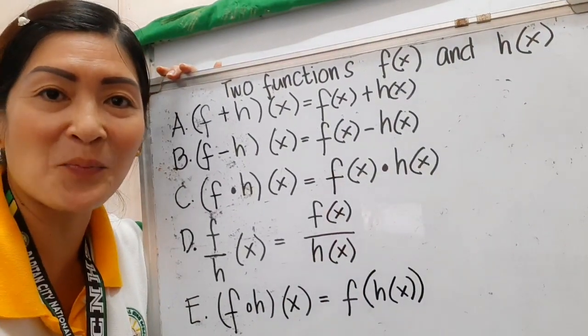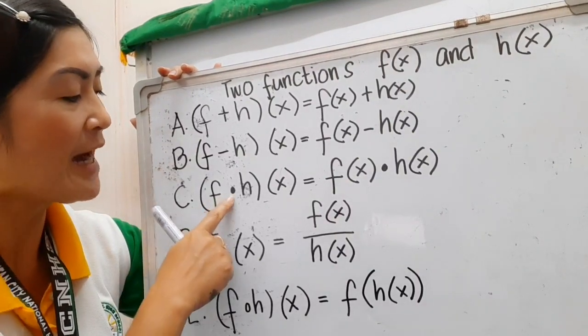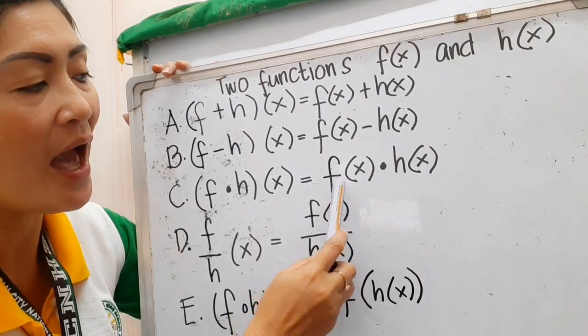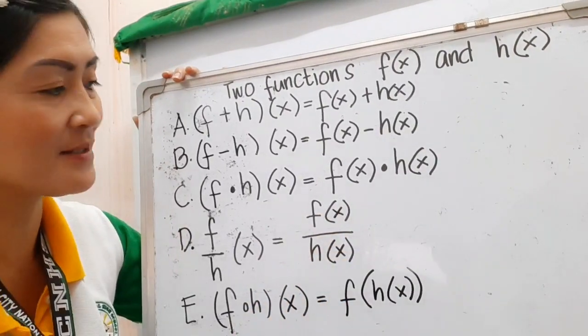We can also get the product of the two functions. Say for example, if we have f times h of x, then it will result into f of x times the second function, h of x.